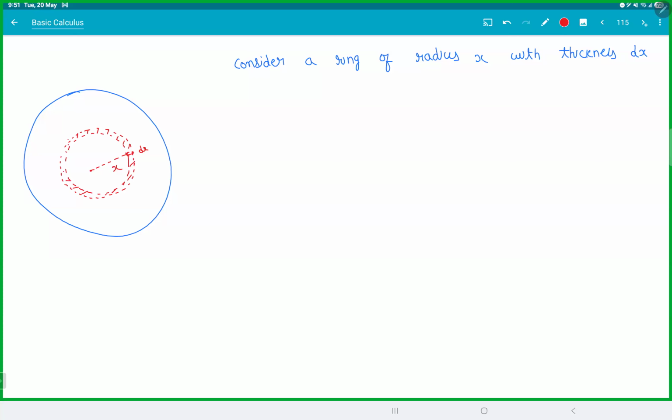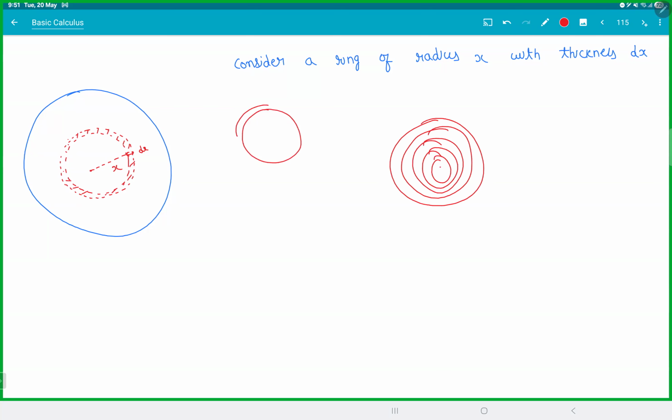So if I take out this ring here, did you ever cut an onion? Kabhi dekha? When you cut an onion like a disc, can you see the rings inside? Or when you cut a tree, can you see the rings? Tree ke rings.